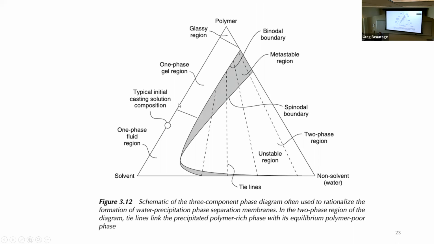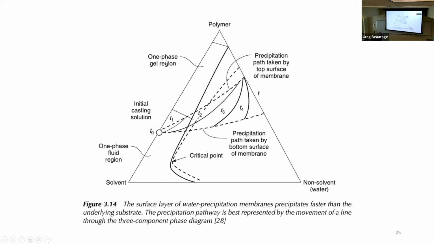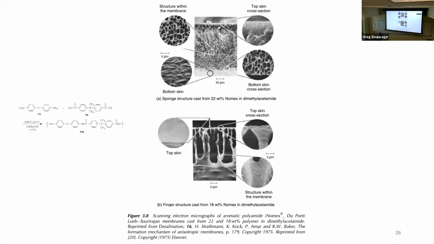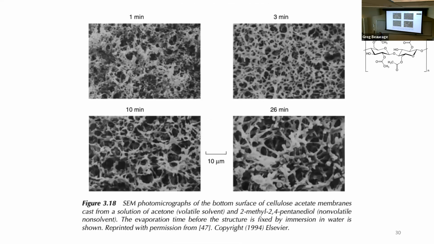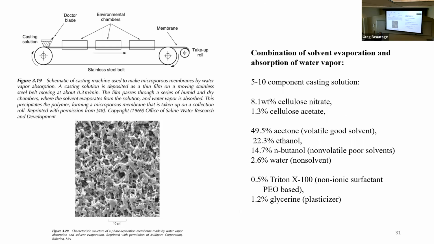If you just drive it up towards the polymer region, then you can get into the two-phase region. I mean, it'll separate out as you dry it out. So it's possible to get to these structures by three different routes: evaporation, thermal, or quenching in the non-solvent. And all three methods are used to get a porous membrane.